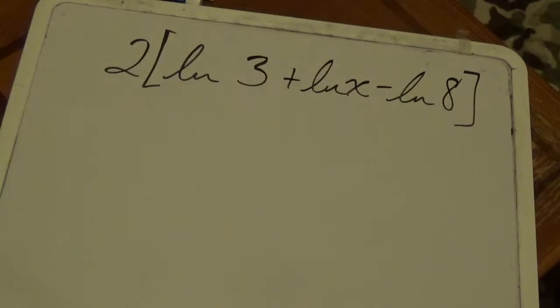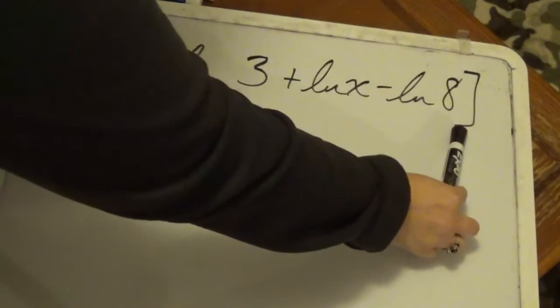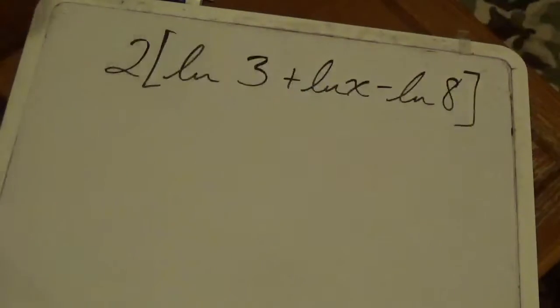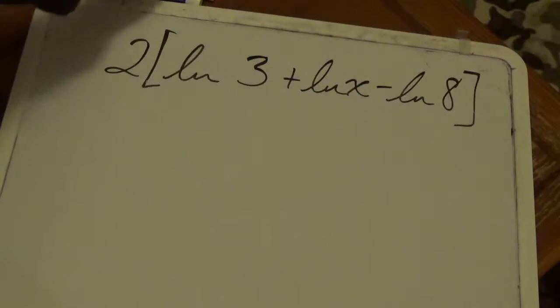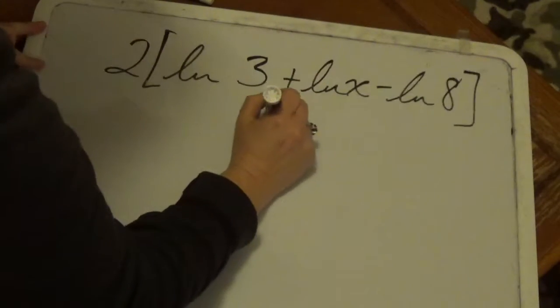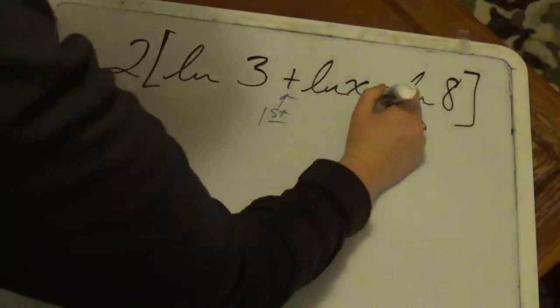So just like with everything else, whenever you have grouping symbols, you do what's inside the grouping symbols first. So we have to do all of this, and then we can deal with this too. So when you're putting them together, you want to make sure that you deal with the plus first and the minus second.